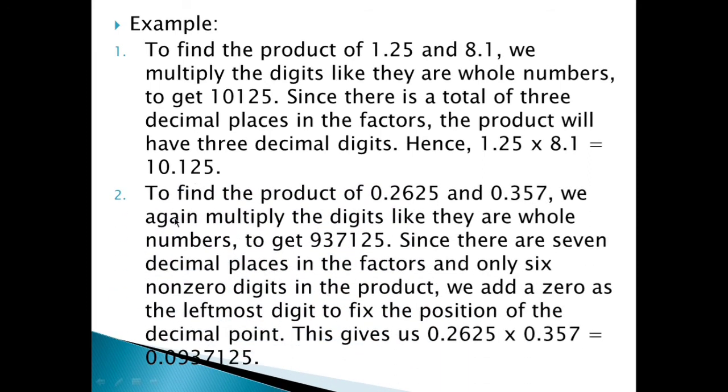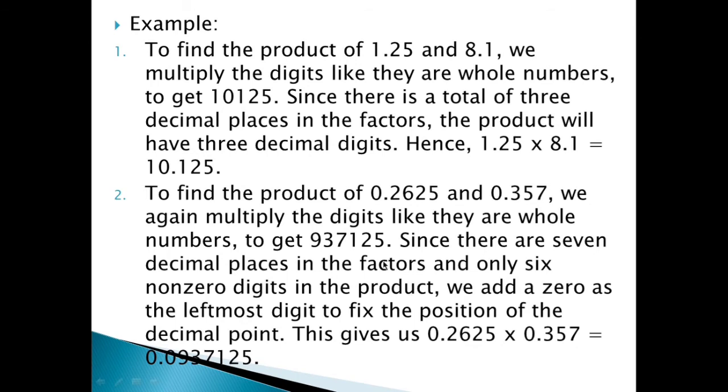So, number 2 example. To find the product of 0.2625 and 0.357, we again multiply the digits like they are whole numbers to get the result, 937,125.